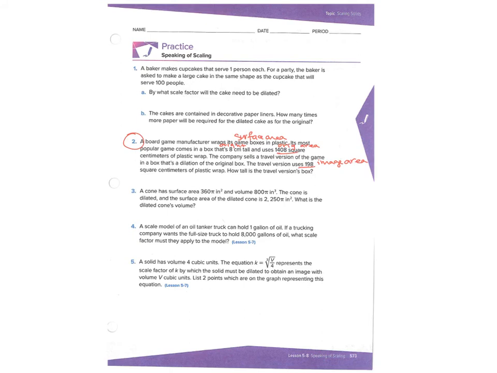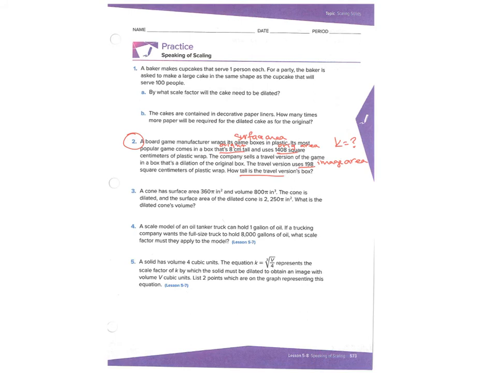It says, how tall is the travel version's box? So I know how tall my original one is, but I don't know how tall my travel version is. So I need to figure out my scale factor. I need to know what k is. K equals what? Because my dimensions, my height, my width, my length, are going to change by k.